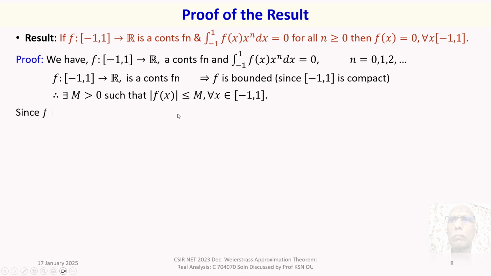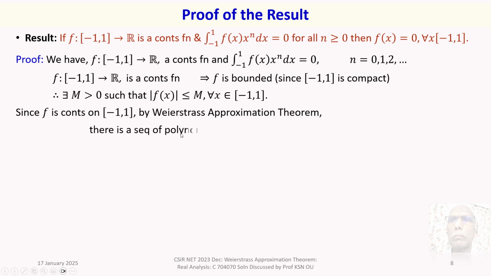Agreed. Now, since f is continuous on the closed and bounded interval minus 1 to plus 1, by the Weierstrass Approximation Theorem, there exists a sequence of polynomials p_n(x) that converges uniformly to f(x) on the closed and bounded interval minus 1 to plus 1.